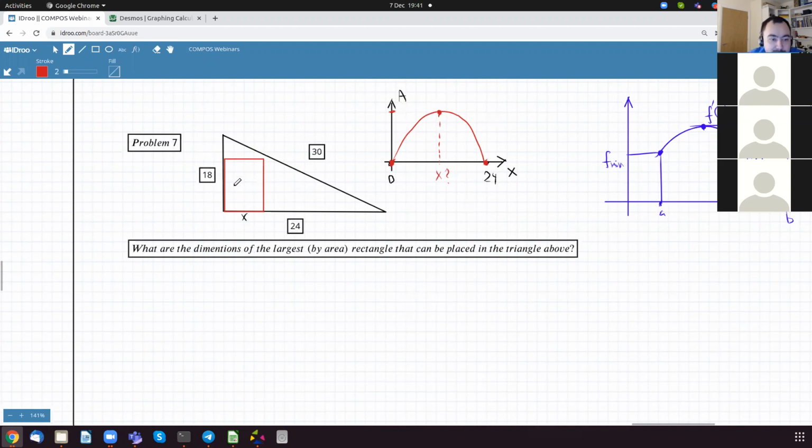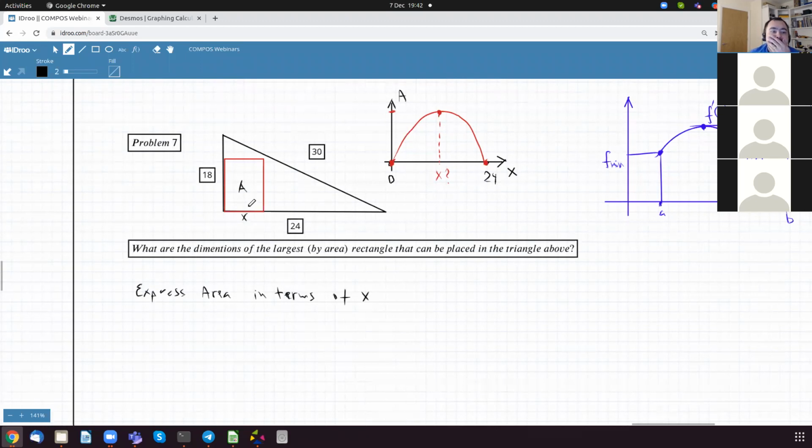Okay, so we need to express the area in terms of x. And this might be the most challenging bit of this question, expressing area in terms of x, because the rest is easy.